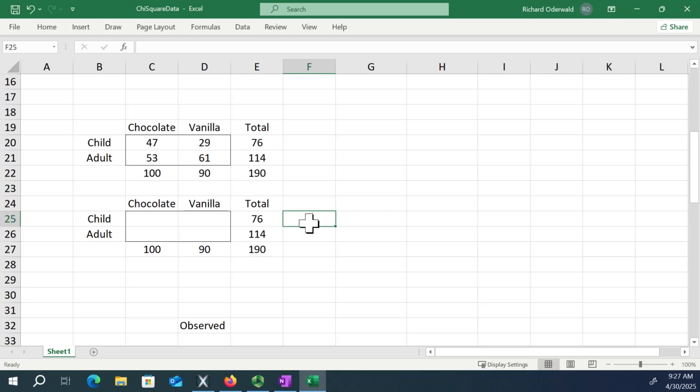This equals 76 divided by 190, which is 40% are children. What percentage of adults? 60%, here's 0.6.